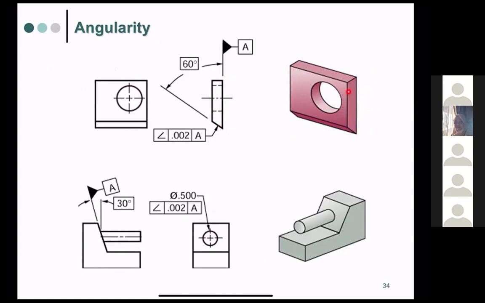But we know inside here there is a hole, so there is an axis, and the dashed lines tell you there is a hole. Because it is cut like this, in angularity we also have a tolerance of 0.02 with respect to the datum A. This one is also similar. For example, this one is actually 30 degrees.